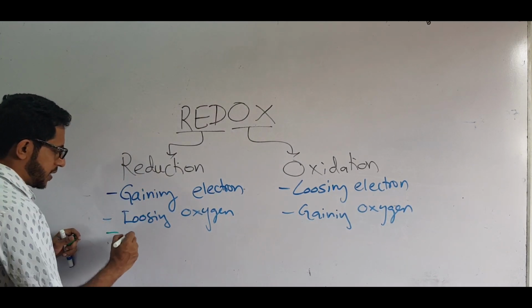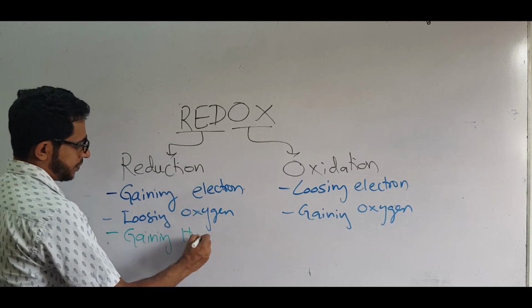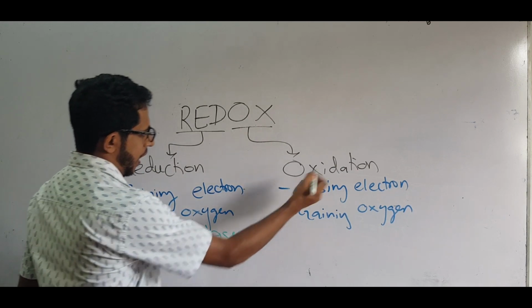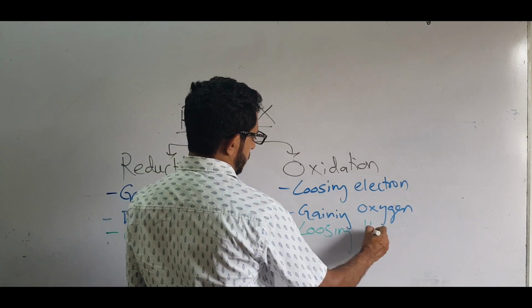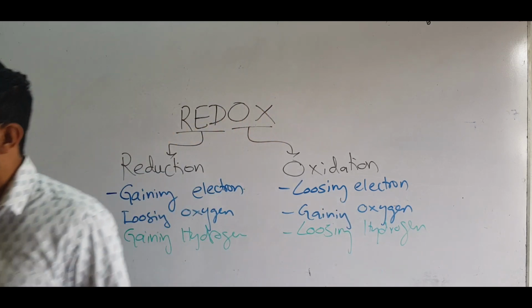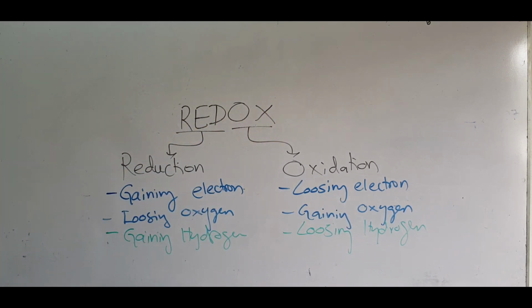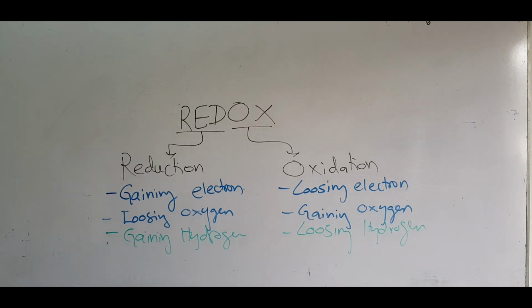So reduction is again gaining hydrogen and oxidation is losing hydrogen. So those are the three common ways we can say either a reduction or an oxidation has taken place, right. So it depends on electrons, oxygen and hydrogen, we can explain the reduction or oxidation.